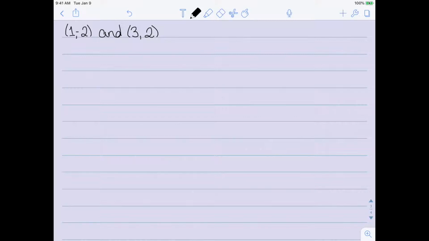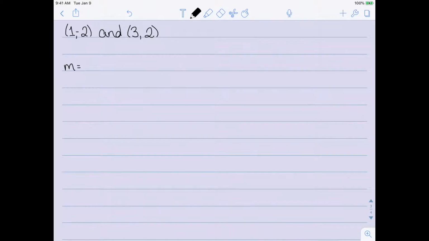The next thing I want to do is find the point-slope form of a line that passes through the points (1, -2) and (3, 2). In order to use point-slope form, what I really need is a point and the slope. Well, here I have 2 points, but I don't have the slope. However, we can find the slope given these 2 points.